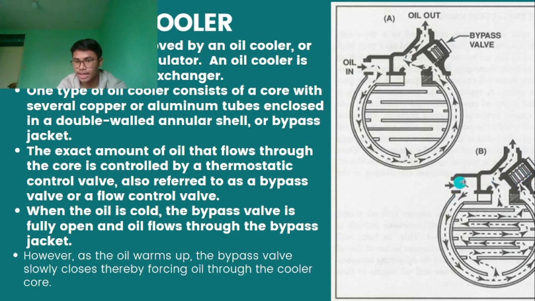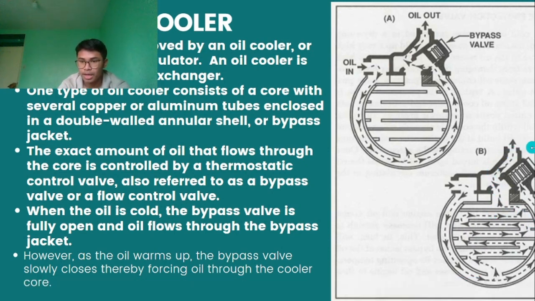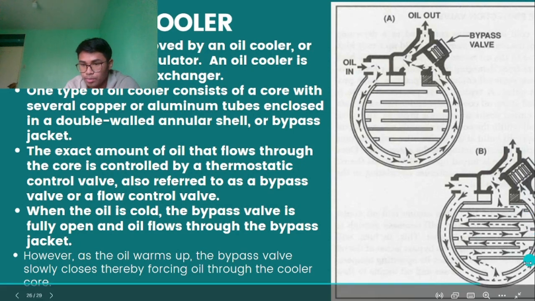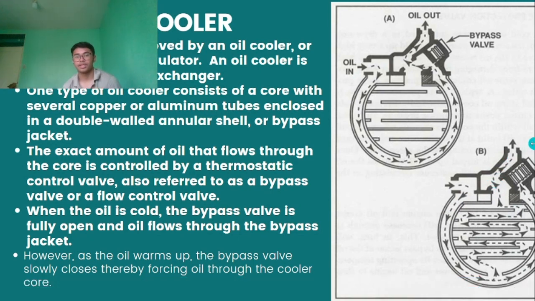So, ito is the hot. Pag ganyan, then dito, ito yung hot oil. Dito dumadaloy para lumamig. Then, saka sila makakalabas. So, dito, pagpunta dito, mainit siya. So, pinapabalik yan. Bumabalik. Parang yung pressure. Tapos, saka lang sila makakalabas pag cold na sila.